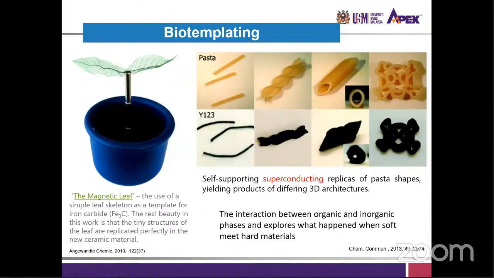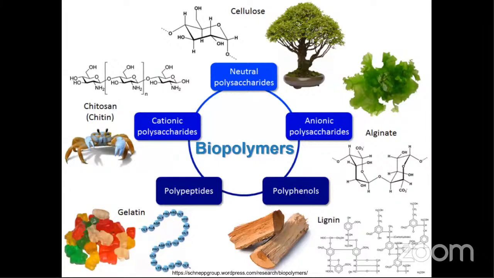So biotemplating is about the interactions between organic and inorganic phases, where we can explore what happens when soft meets hard materials. Okay, there are a lot of polymer templates that we can use, such as neutral polysaccharides, cationic polysaccharides like chitosan.